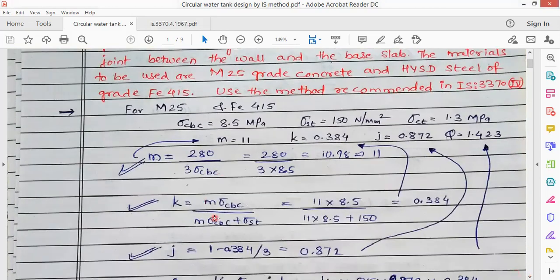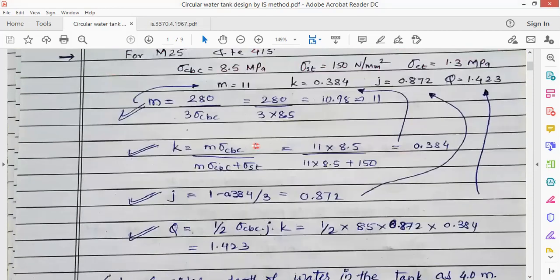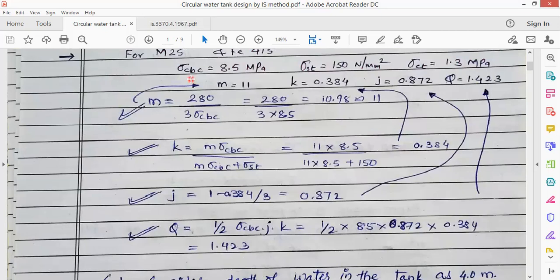So the first step is to obtain the design constants. For M25 grade of concrete and Fe415, we will obtain the design constants. We have sigma CBC, sigma ST and sigma CT values from IS 3370 part 2. First is m, the modular ratio, equal to 280 divided by 3 sigma CBC.